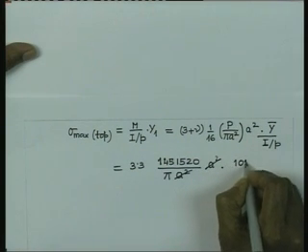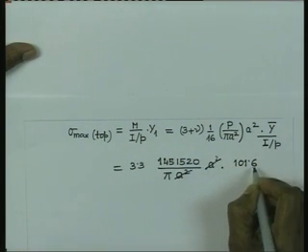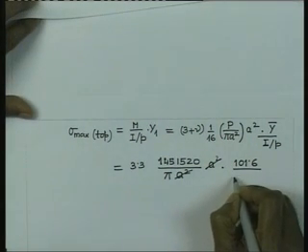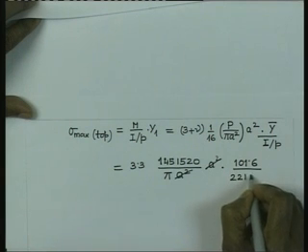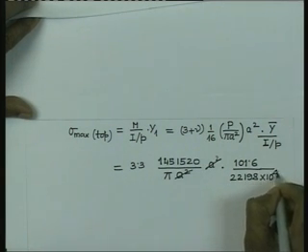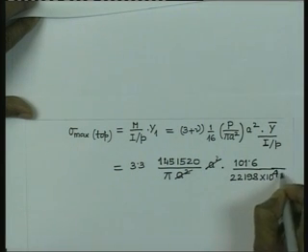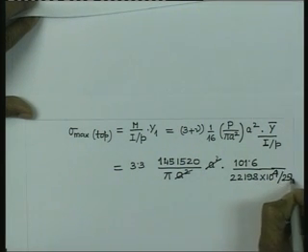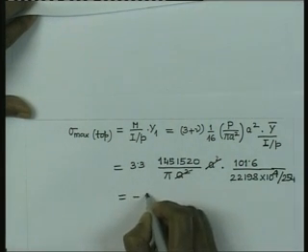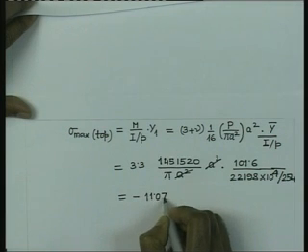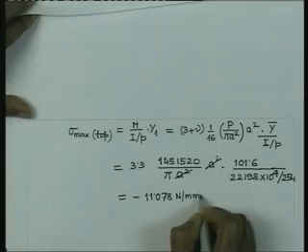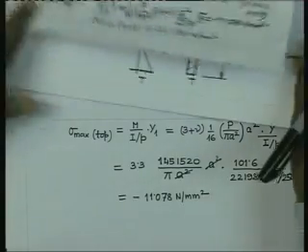This is 101.6 millimeter, and this value we have is 221.98 into 10 to the power of 4, and this P is nothing but 254. So, these are the values, and once you calculate, this simplifies to minus 11.078 Newton per millimeter square. So, this is the stress at the top fiber.